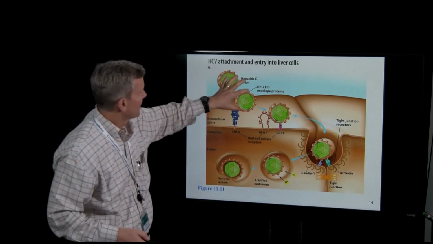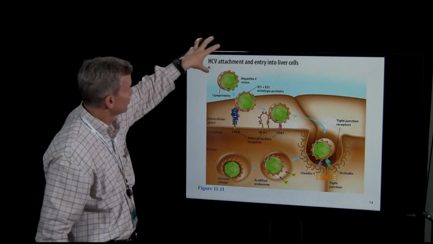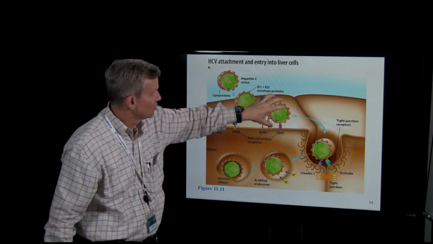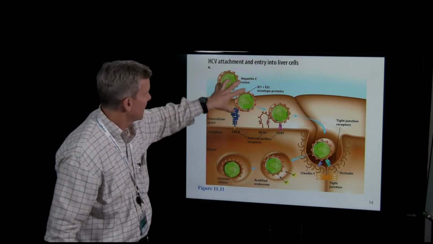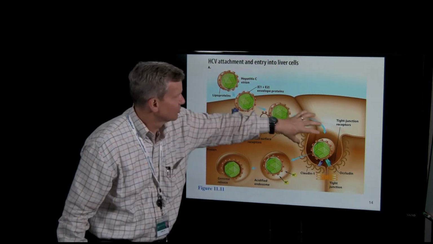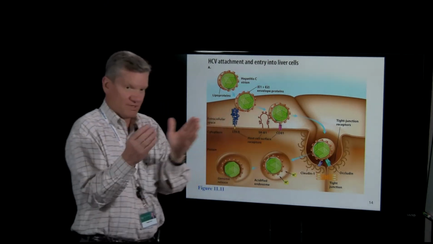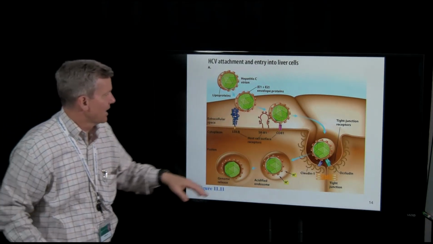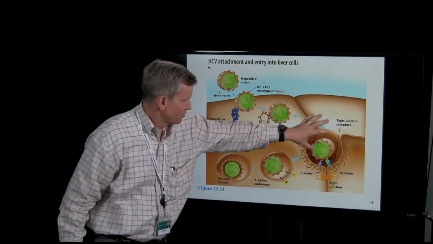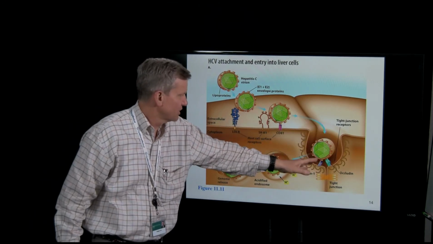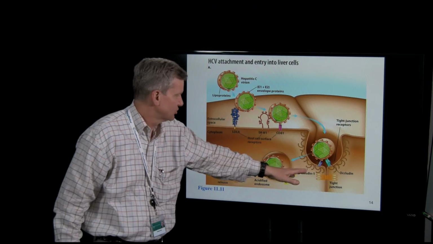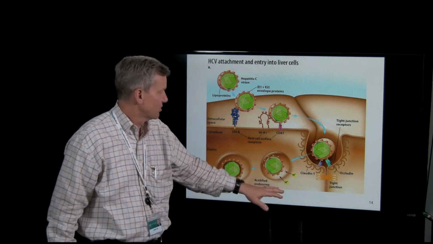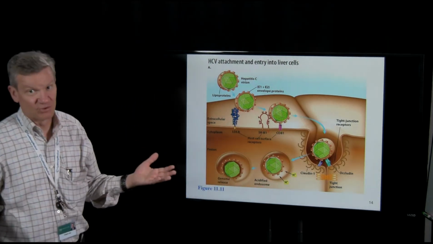So here we are binding, remember, but I do want you to know attachment, and then penetration, and then uncoating. So here we have attachment, and then penetration occurs through tight junctions because cells come together. And now we have an endosome here, and endosomes fuse with lysosomes, right?